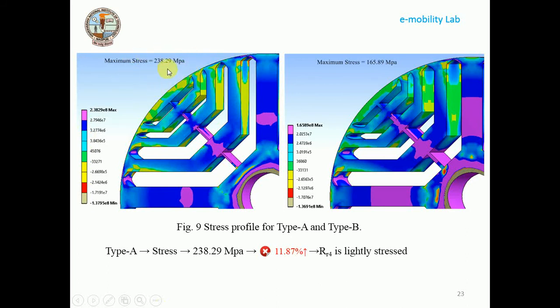This is 11% higher than the stress limit of the core material, which was chosen with a safety factor of 1.5. And you can see here one rib is lightly stressed.